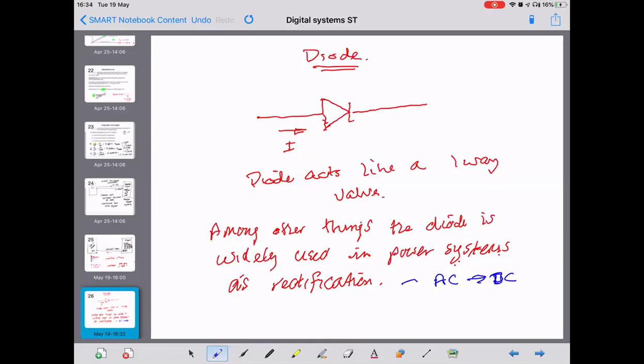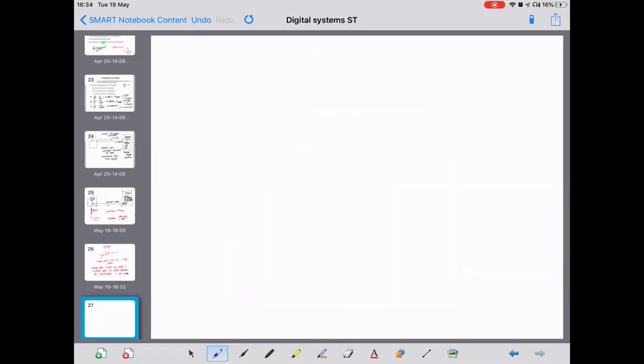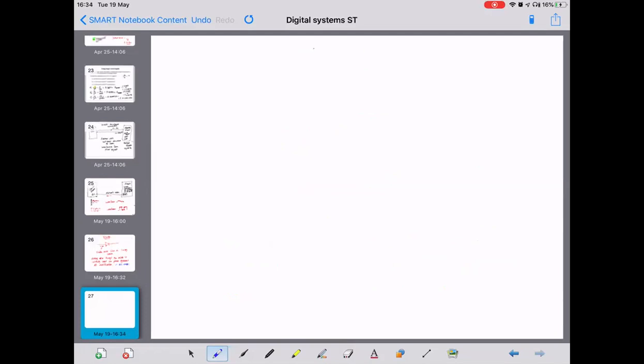Okay? So in terms of a power system, let's go on a basic AC to DC power supply. First thing is, if we've got an input of 230 volts, we'd want a transformer.